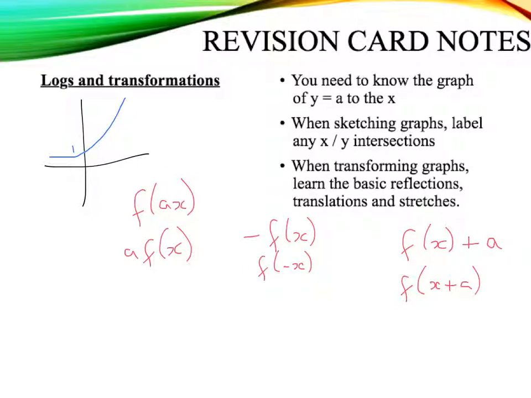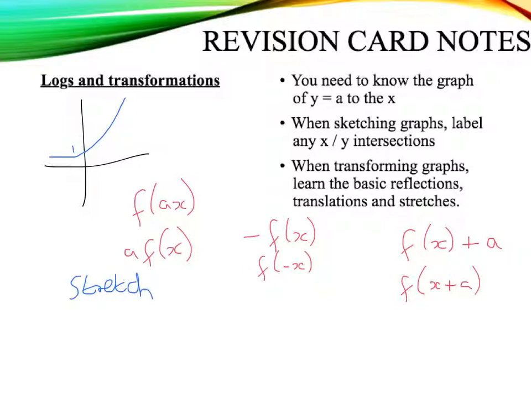So the first ones, this little family here, are all to do with stretches. If it's outside of the bracket, outside of the f of x, it's just something to do with an up and down direction. So it's always going to be the same. If it's on the outside of your f of x, it's up and down. In this case, this is a stretch.